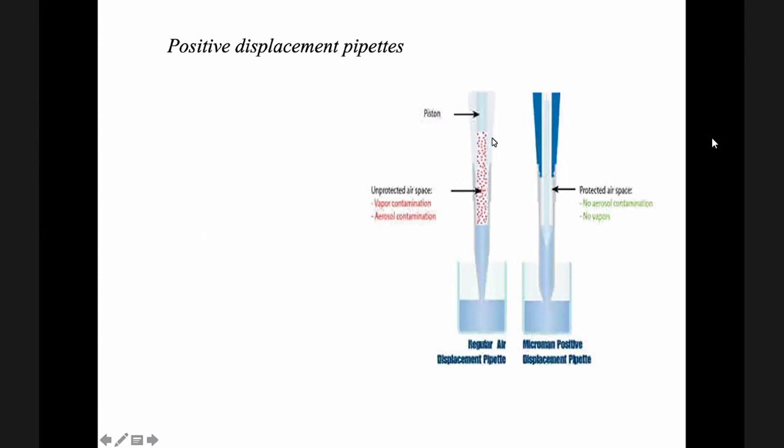This one is the unprotected airspace in the regular air displacement pipette, which is prone to vapor contamination and also aerosol contamination. But in the positive displacement pipette, we have the protected airspace.